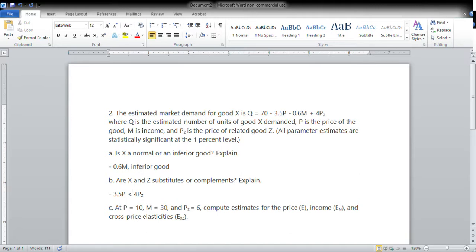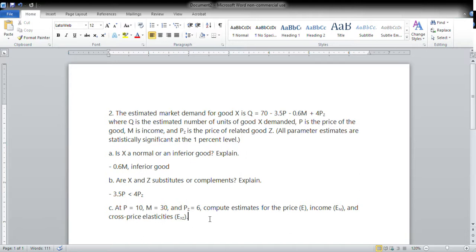So because Z is on the positive side of our imaginary scale, and X is on the negative side, that means that Z is a substitute for X. And again, we're still on the first page of chapter 7. So if you want to reread it, hopefully it makes more sense. If you have questions, of course, you can always ask me.